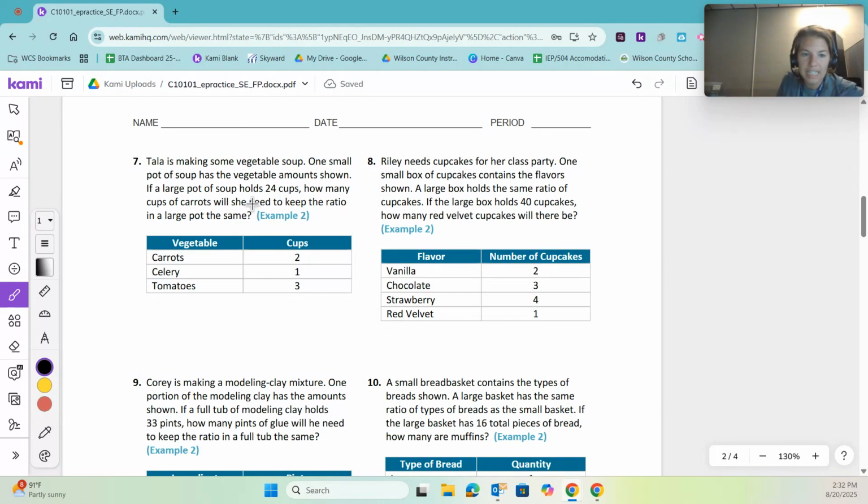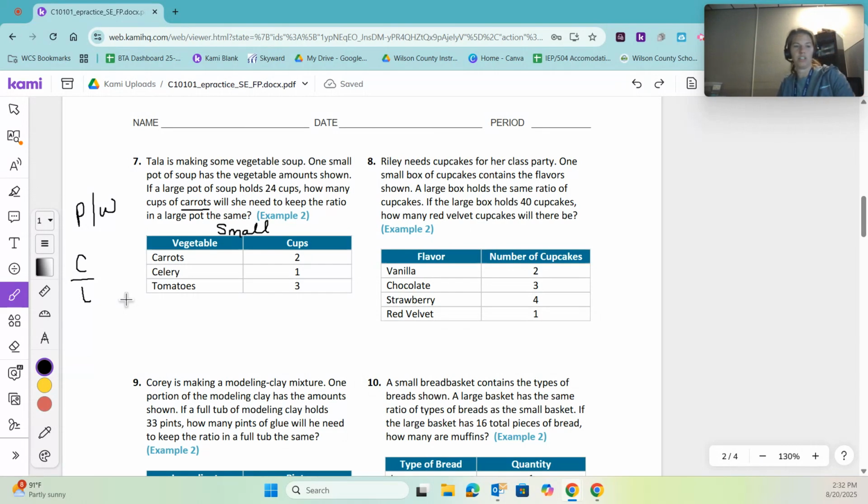Now we need to keep the ratio of this. So this represents the small pot. 1 small pot has the vegetable amount shown. So that's here. And we need to figure out for 24. So we are doing a part to whole ratio here. And it says how many cups of carrots. So our part we need is carrots to total.